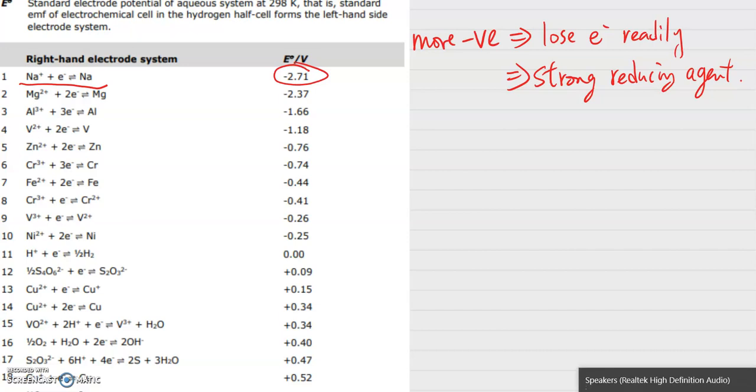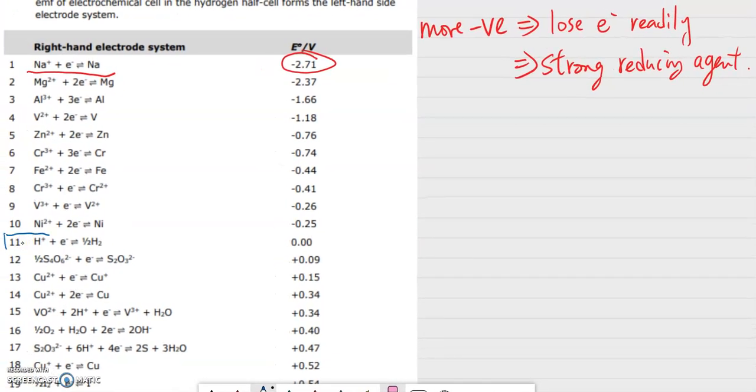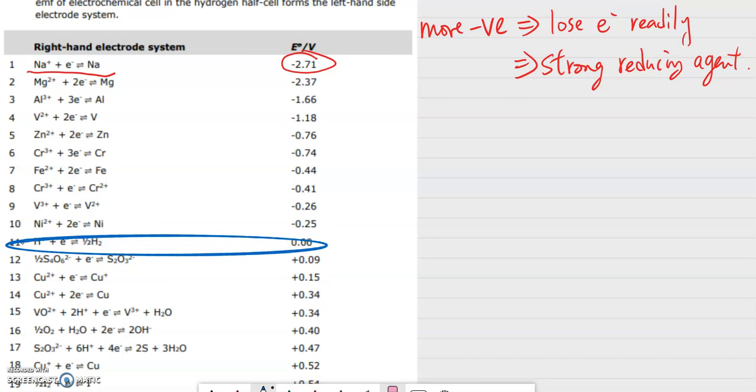Hydrogen is located here, and it has a voltage of 0.00 volts. This is where we put our reference.